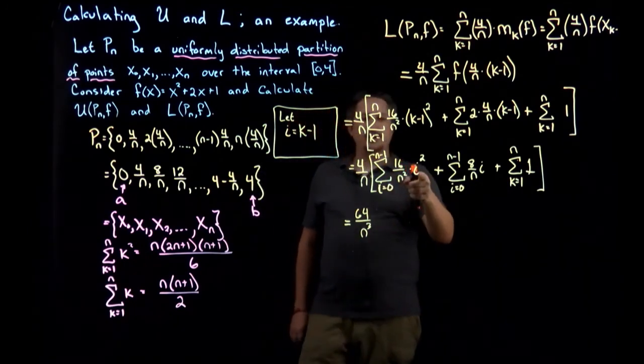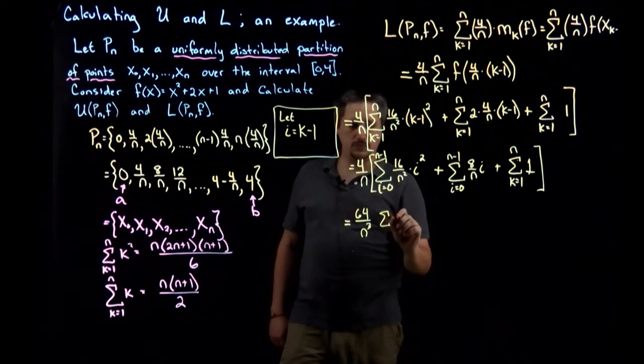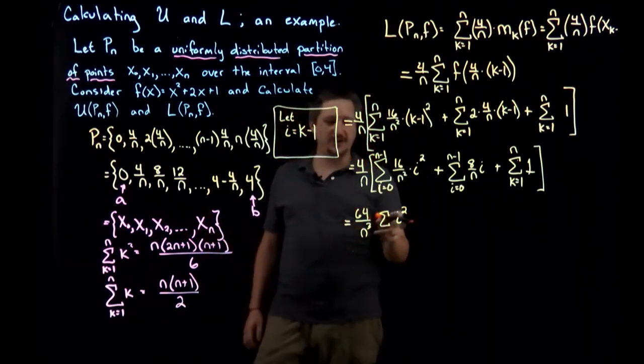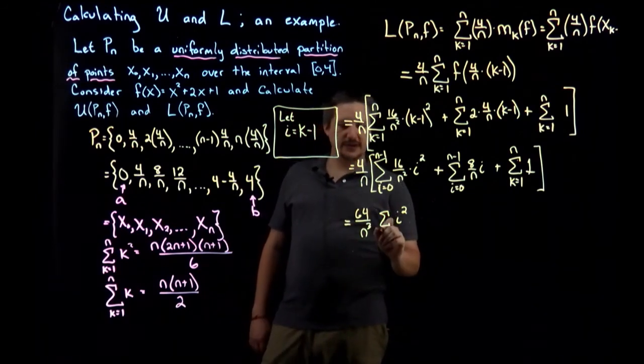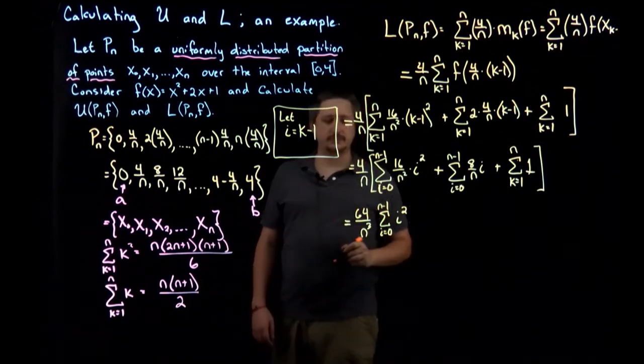And I'm still going to have the sum of i squared, which earlier in the video we had k squared, but it's a sum of things squared. Only now, the only difference is that it's 0 to n minus 1.